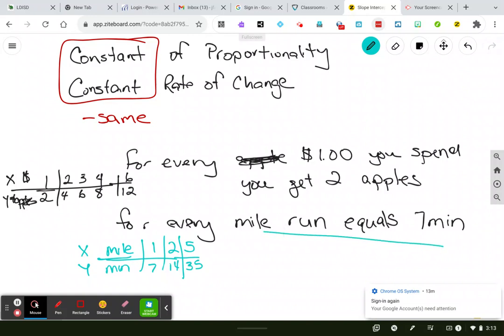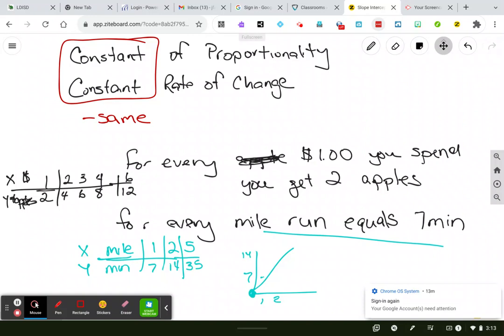If we graph it on a line, if I ran 0, I'm not going to go any minutes, I'm just going to stand there. If I ran 1 mile, 7, 2 miles, 14, and so on.